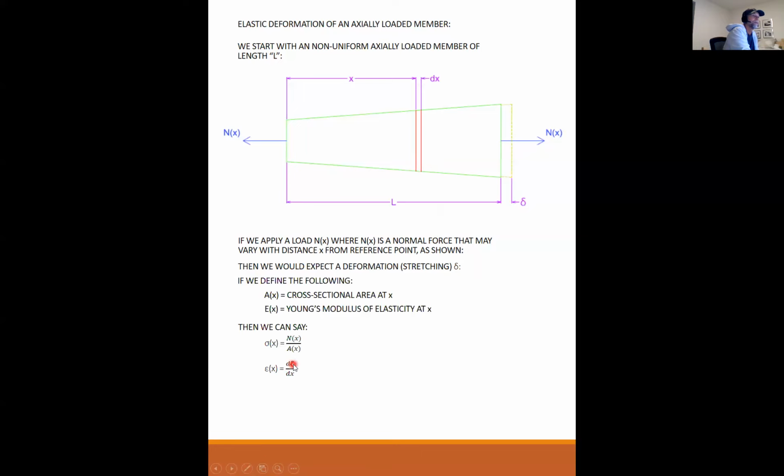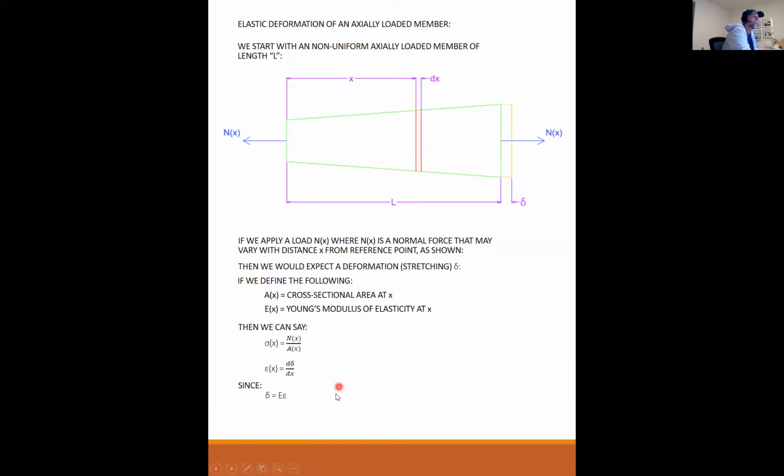So the strain is going to be that little differential delta over dx, as noted here. So d delta over dx is inch per inch, the average strain over this little interval. So I have my stress defined, I have my strain defined.